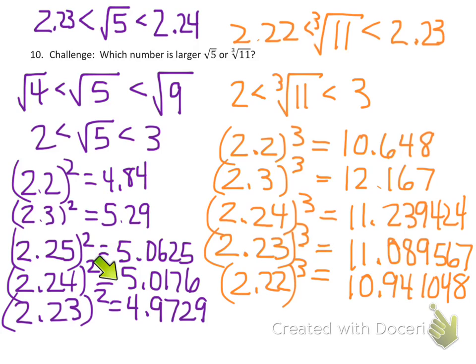So the square root of 5 is greater than 2.23 and the cube root of 11 is less than 2.23. Therefore, the cube root of 11 is less than the square root of 5.